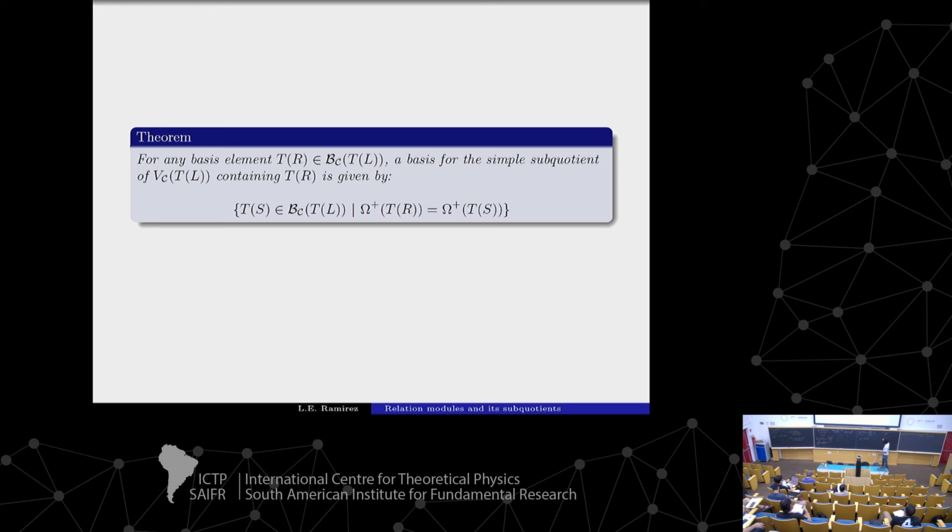You have this tableau, you think about the module generated by this tableau, and then you cut by a maximal submodule, and then you get a simple subquotient. So what is the basis of the simple subquotient? It is just the set of all tableaux with the same set omega plus.